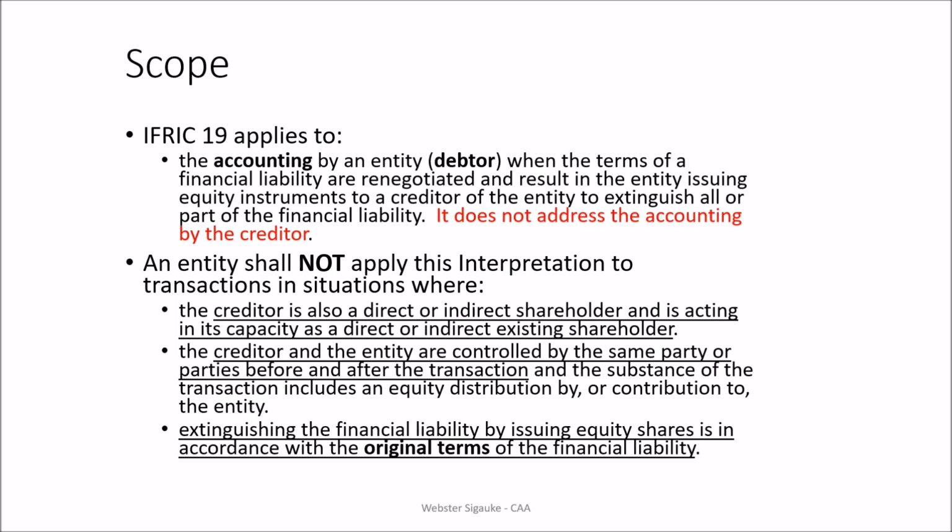It applies to the accounting by the debtor when the terms of a financial liability are renegotiated, resulting in the entity issuing its own equity instruments to a creditor of the entity to extinguish all or part of the financial liability.